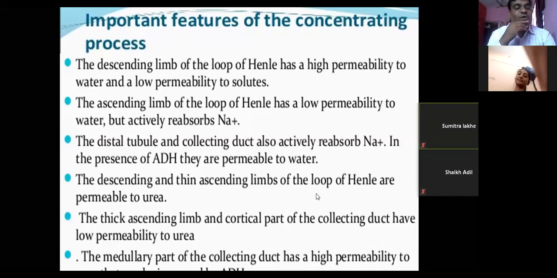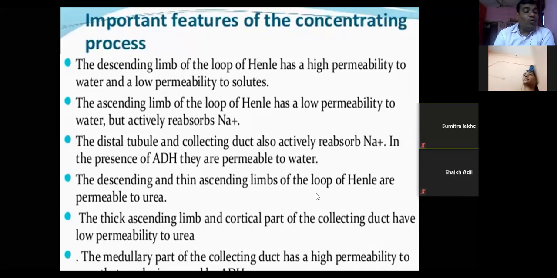Generally, this urine contains urea, ammonia, uric acid, creatinine, and hippuric acid. These are some of the compositions of urine, and besides that, some amount of vitamin C, oxalic acid, as well as glucose and albumin are also contained in the urine.